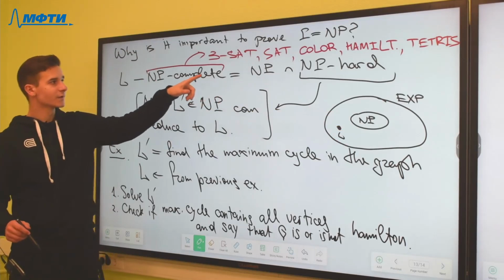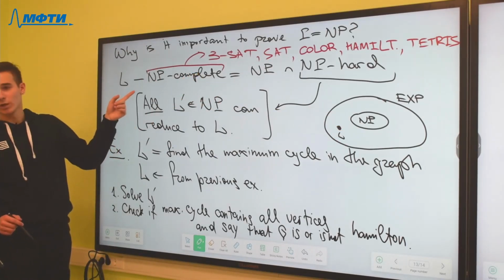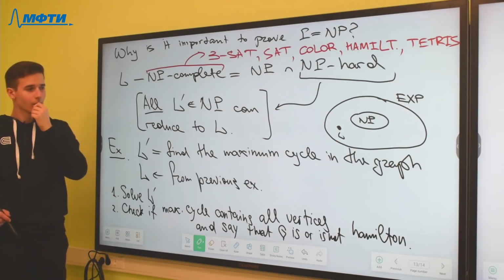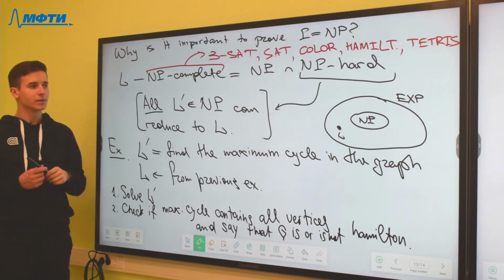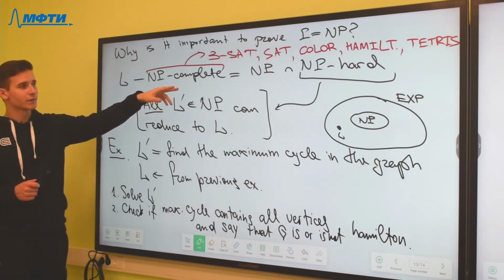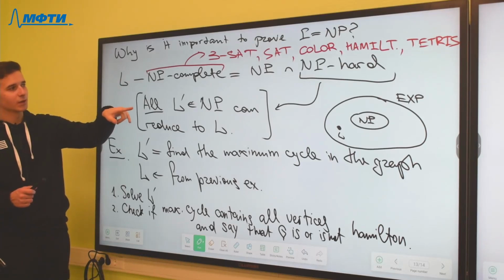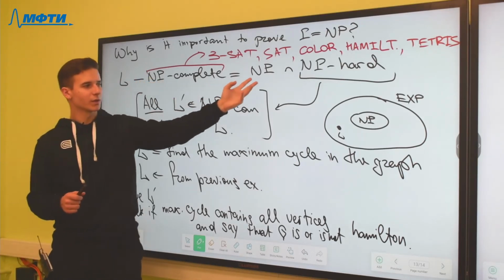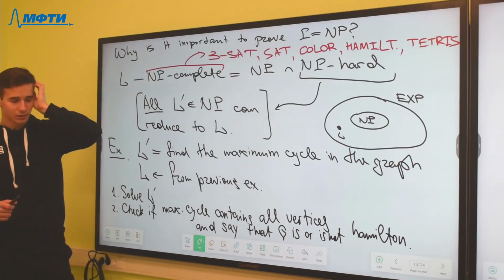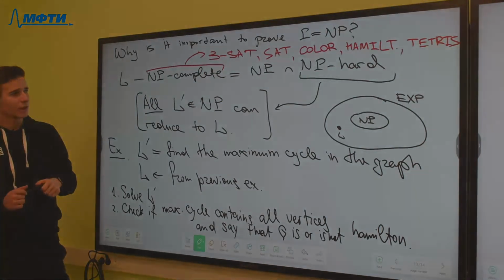So these languages are not NP complete. That's the difference between NP complete and NP hard. If you have a language that is NP hard but not in the NP class, it won't be an NP complete language.